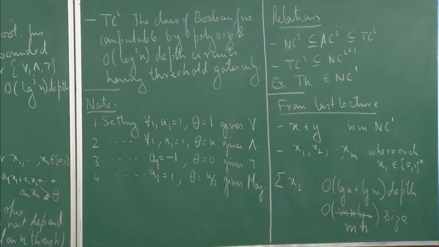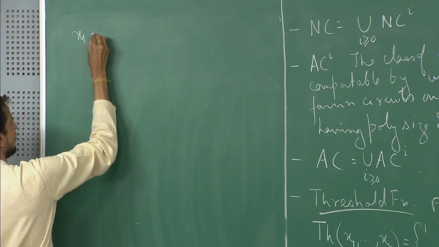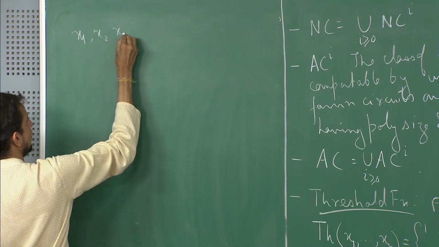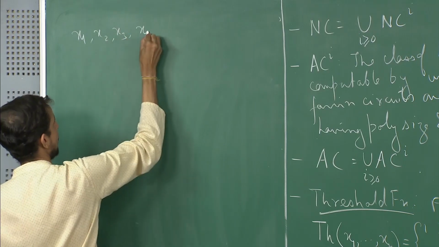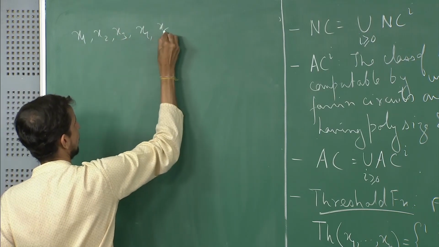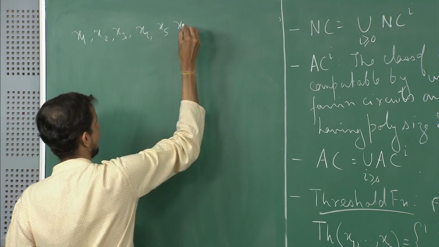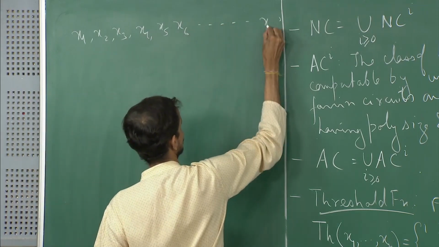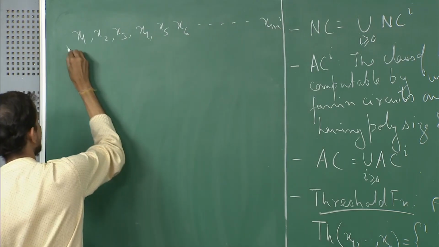So the reason is, how did we do this addition? We have these numbers x1, x2, x3, x4, x5, x6, and so on up to xm, and we took them in blocks of 3.